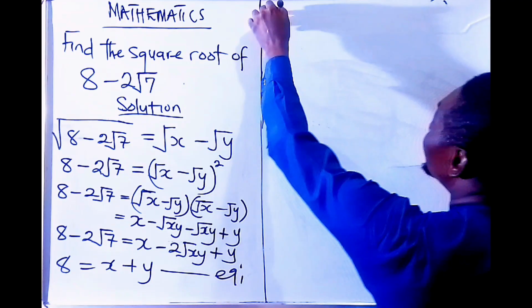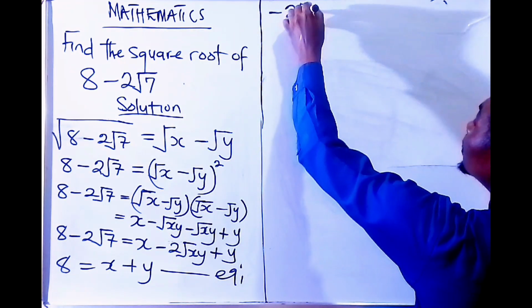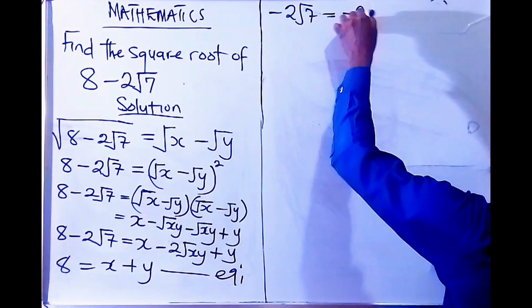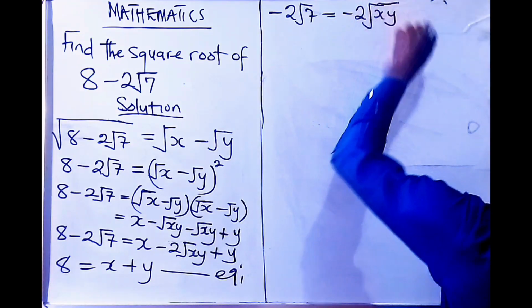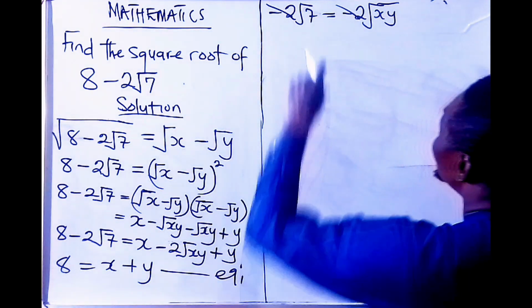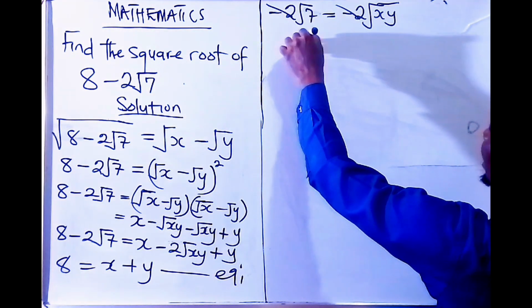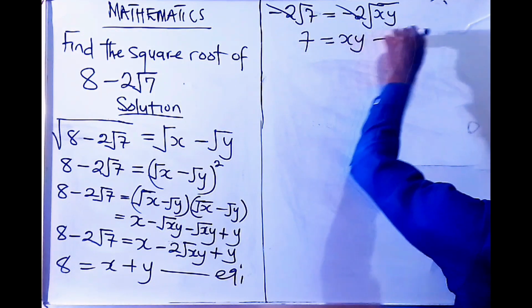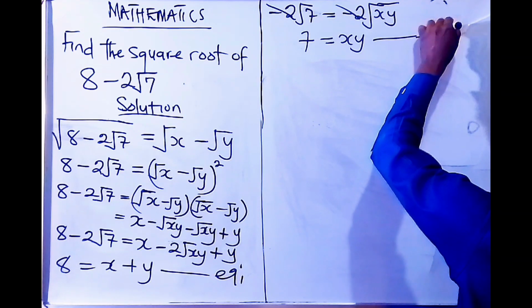Then we have minus 2 root 7 is equal to minus 2 root xy. So minus 2 will cancel this minus 2. If you find the square of both sides, you will be left with 7 is equal to xy, which is equation 2.